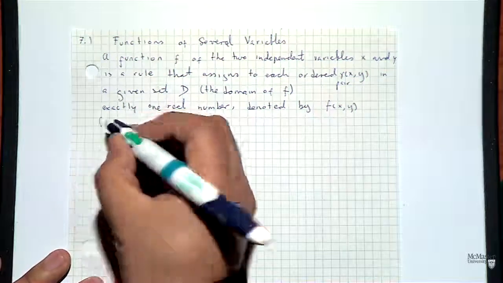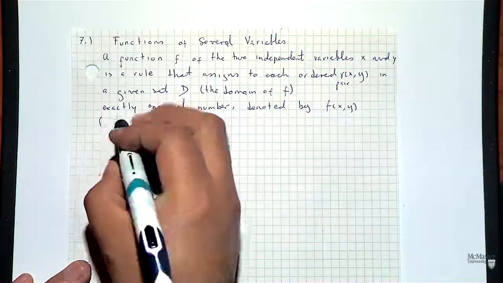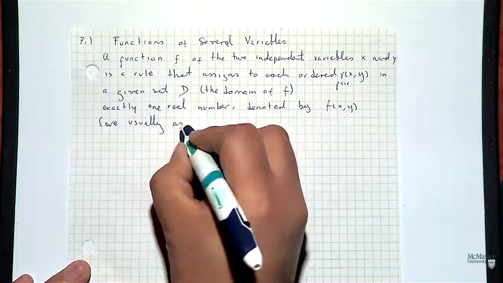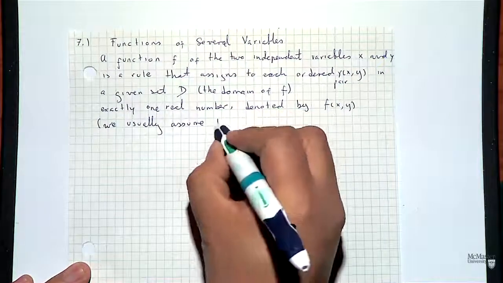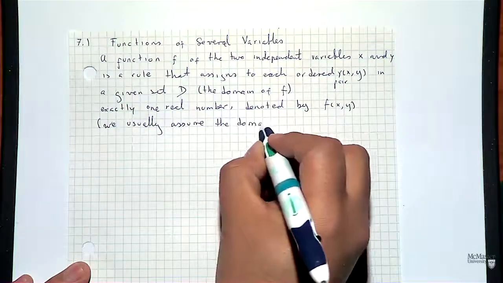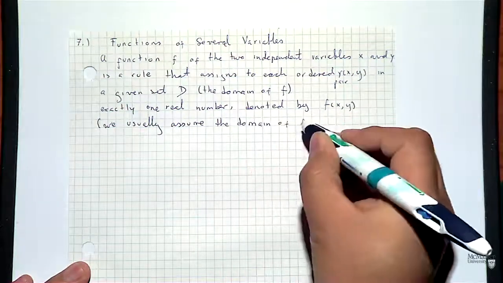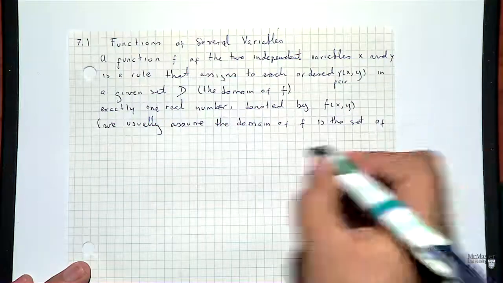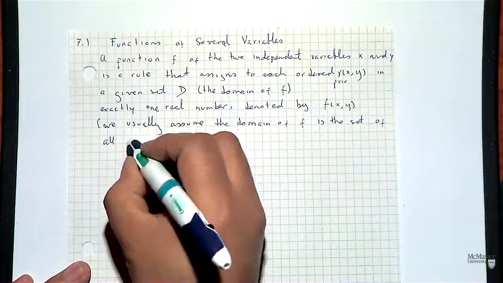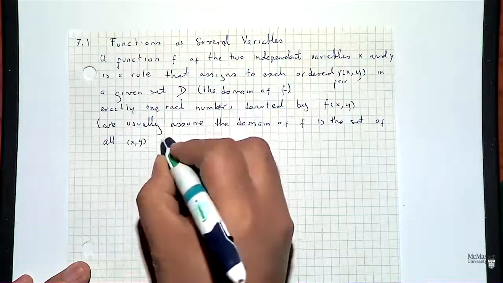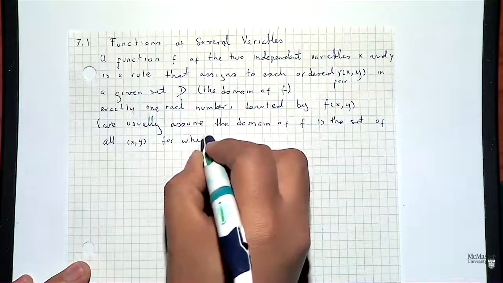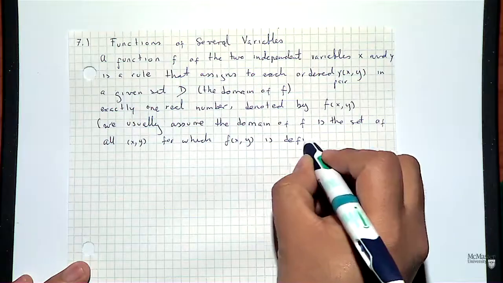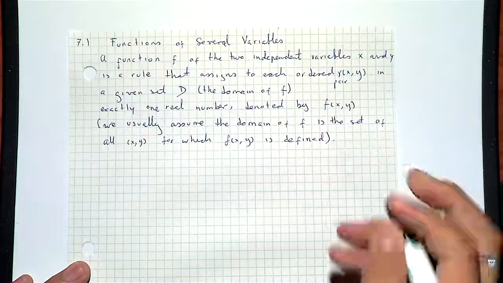So just to give an explanation, because that will come up in one of the exercises, we usually assume the domain of f is the set of all points (x, y) for which f(x, y) is defined.